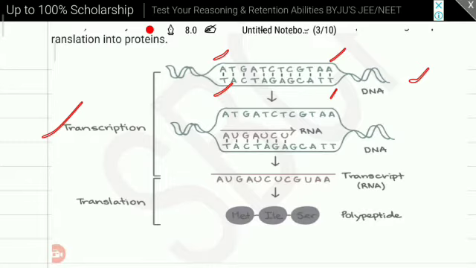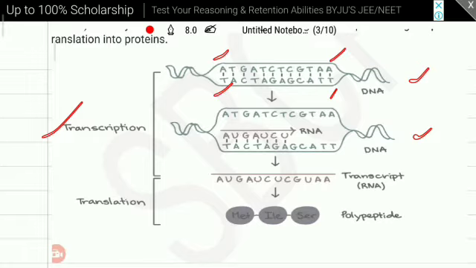And now you observe the second diagram there. In the second diagram, what happened? The bonds between the two strands are broken down. That means the double bonds between A and T and the triple bonds between G and C are broken down. Then what happened?